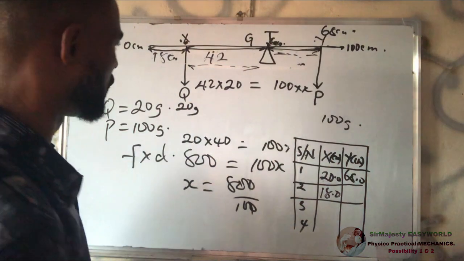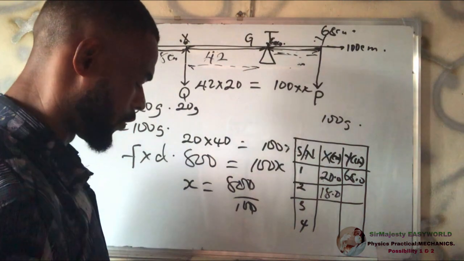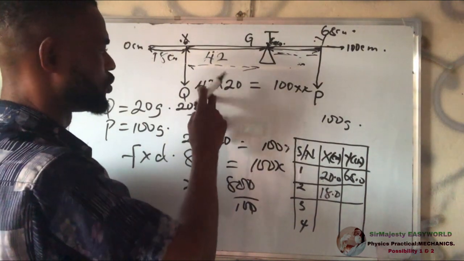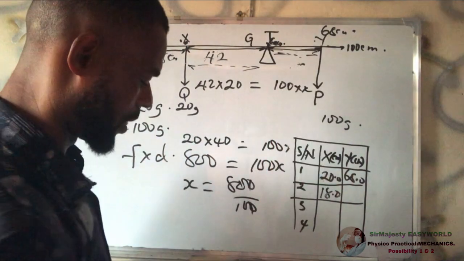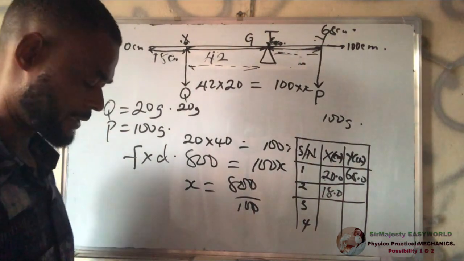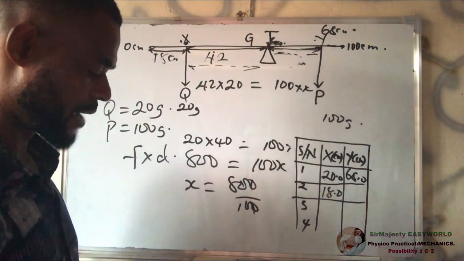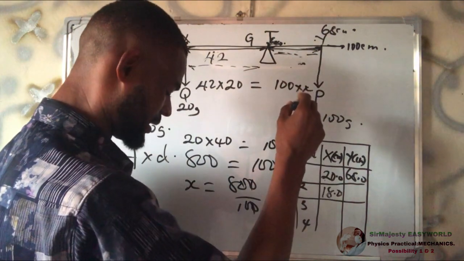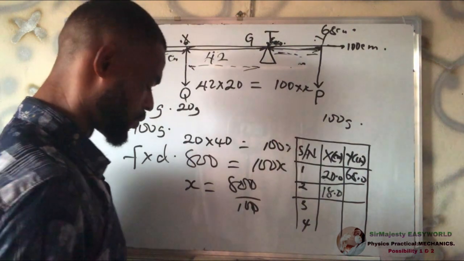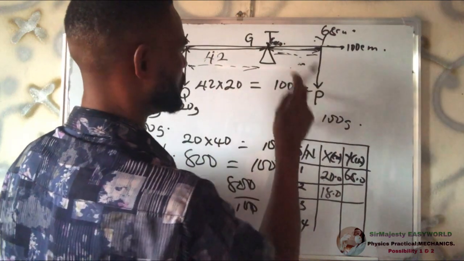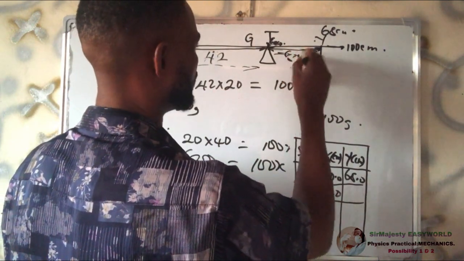So 42 times 20 equals 100 x. After evaluating, as you can see on the screen, what you should get here is 8.4.